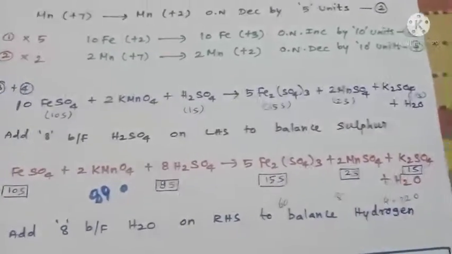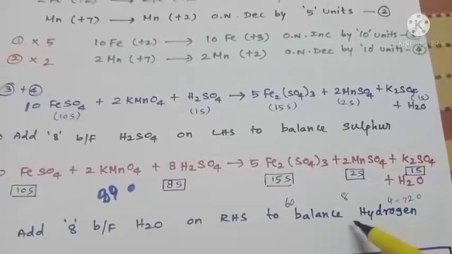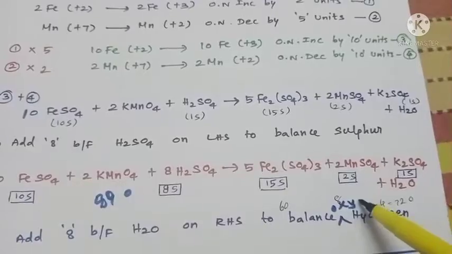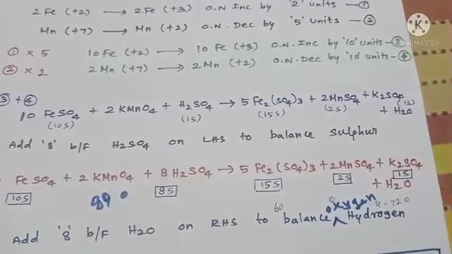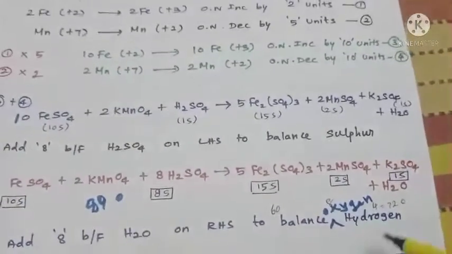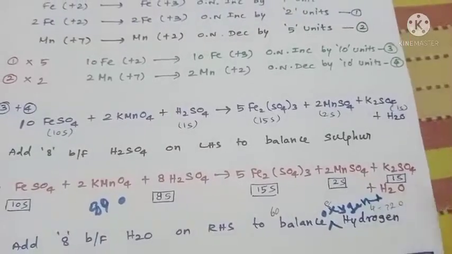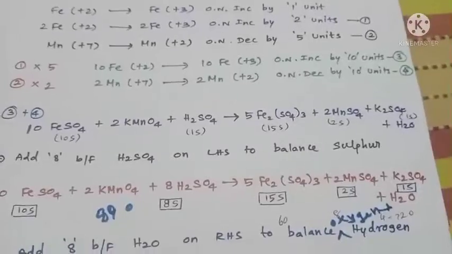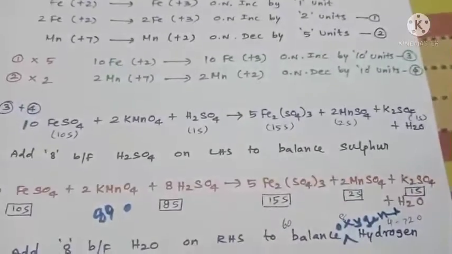So add 8 before H2O on the right hand side for balancing oxygen. Once you balance oxygen, hydrogen automatically gets balanced. Actually that is to balance oxygen and hydrogen also. When you introduce 8 before H2O on the right hand side, the oxygen is balanced.